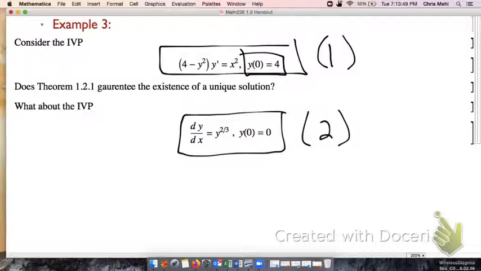Are we just finding the family of solutions, like an indefinite integral, or are we finding a particular solution after being given some initial conditions? So what I'm basically doing right now is asking whether that theorem tells me that both of these initial value problems have a unique solution. Is it guaranteed?